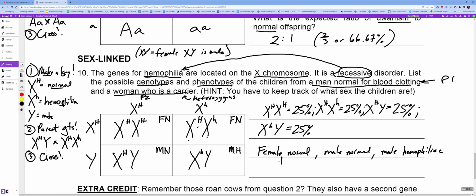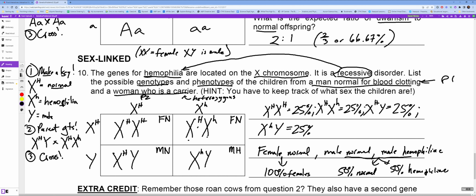Of course, if you did want to, you could come down here and say 100% of females are normal, right? You could also say, in reference to these two, for males, 50% normal, 50% hemophiliac, if we're just talking about the males, right?